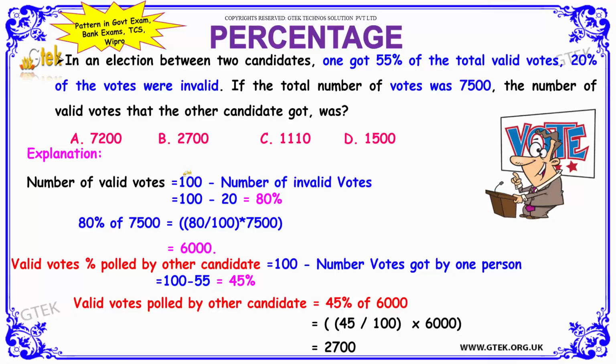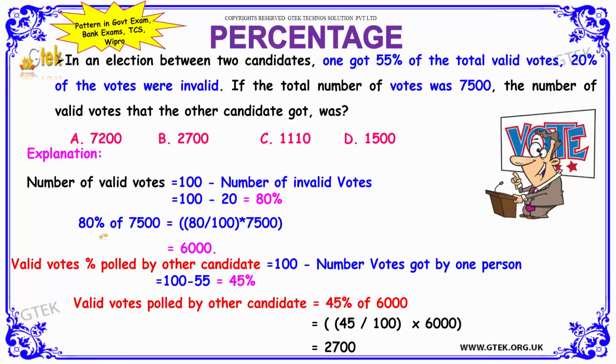As we know, the percentage is out of 100, so the number of valid votes can be obtained by subtracting the percentage of invalid votes, which is given to be 20 over here. So 100 minus 20, you get the valid votes to be 80%. 80% out of 7,500 votes are valid.